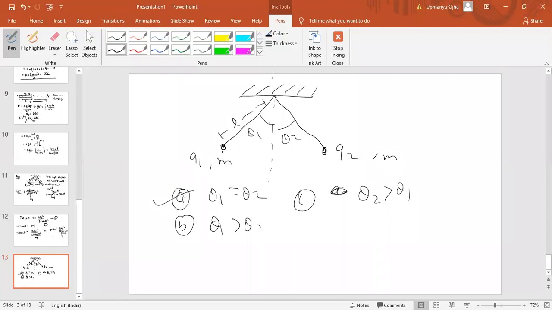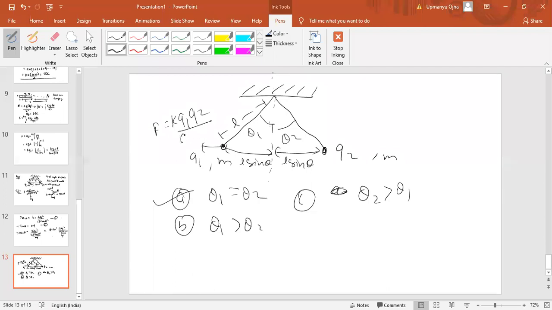Because the force between the 2 point charges would be the same. The magnitude of that force F acting on the left side bob would be equal to K Q1 Q2 by the distance between the 2 point charges, which we found in the previous question: L sine theta and L sine theta, which means 2L sine theta.